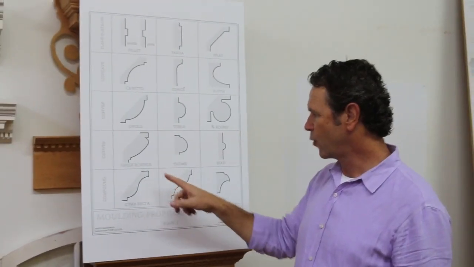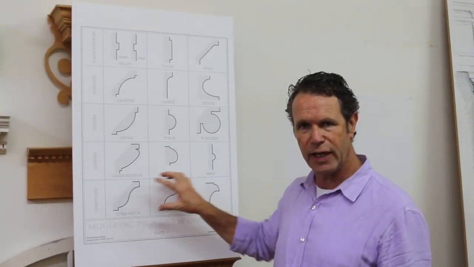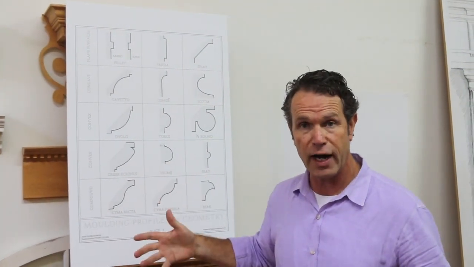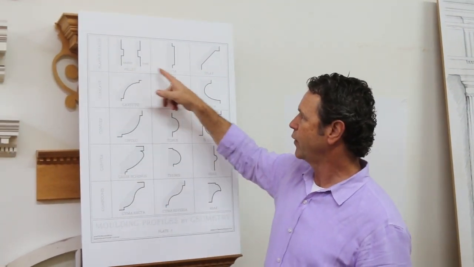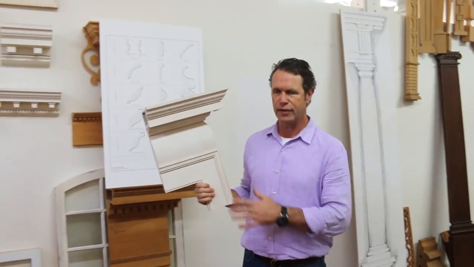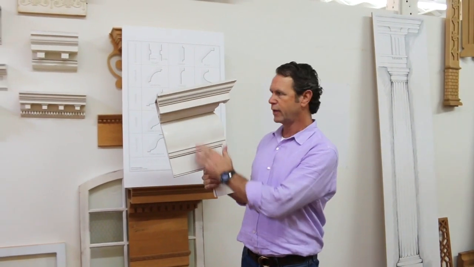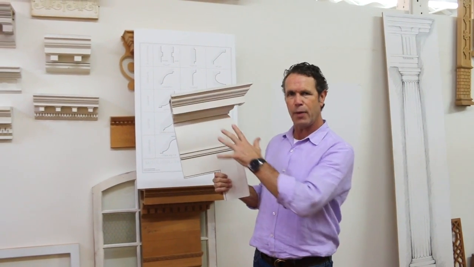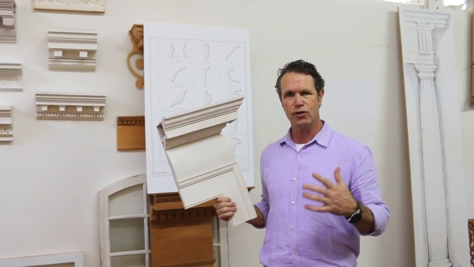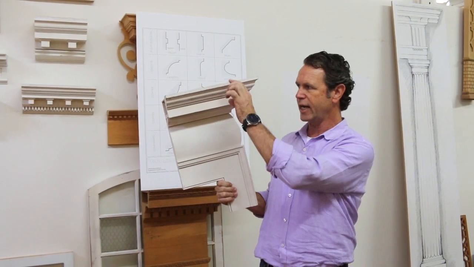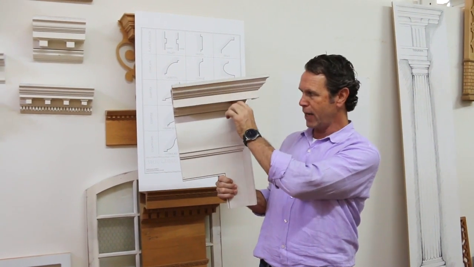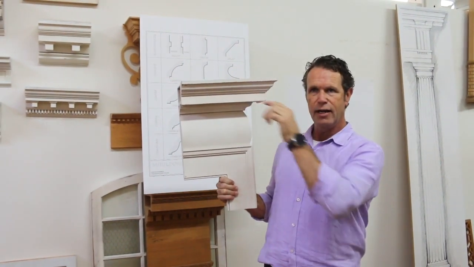The cyma recta and cyma reversa obviously being the two most common ones we use in crowns. But you've also got this fillet and fascia. And one of the things that I was talking about is that flat plane surface, this pause, the corona, this flat pause between them helps us to read it, helps us to understand the difference between the bed mold and the cimation.